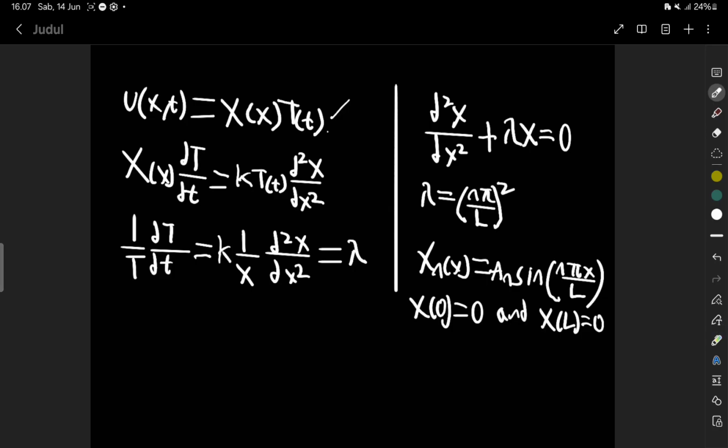Next, we're going to solve the temporal ODE. The temporal ODE becomes the derivative of T divided by the derivative of time plus lambda times k times T, that equals 0.